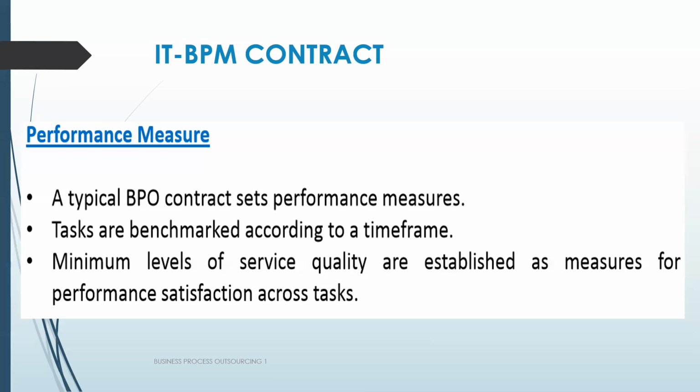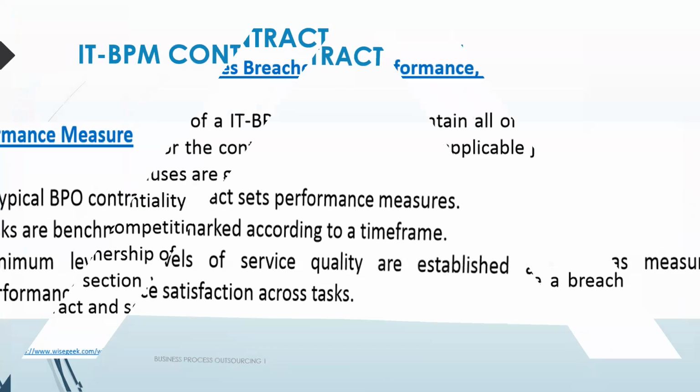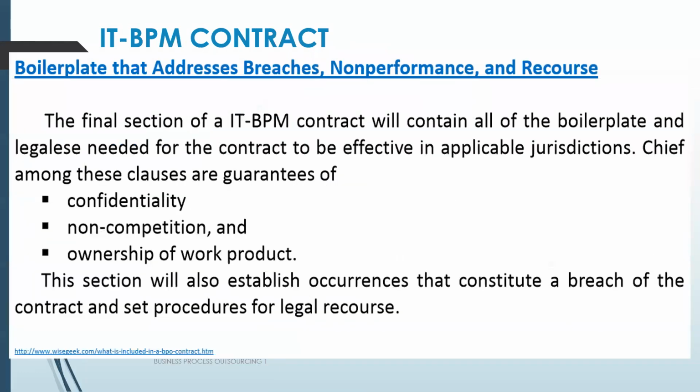But as much as possible, the minimum level is what they regard as quality service. If you go beyond the minimum level, like in 5 minutes, you cater to the customer for 2 minutes, then that's not just minimum, it's beyond, and then customers are satisfied. So that's performance measure.